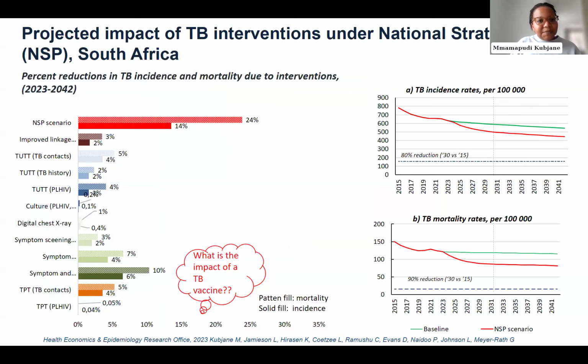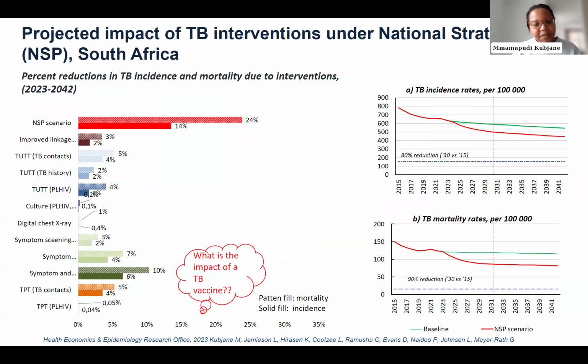And using this for all the interventions that are in the program, for instance, we have testing, treatment, and prevention, and we could also include vaccines once it is ready.